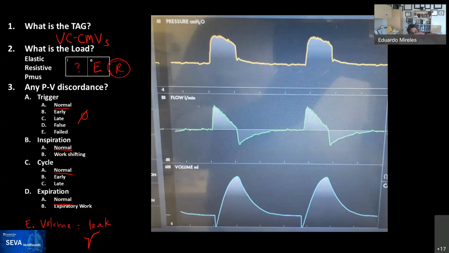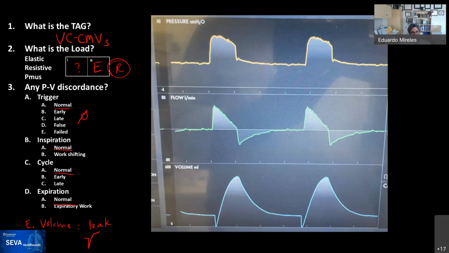But absolutely, this is volume control. What may cause disturbance in trying to read through it is all these irregularities that you can see on the flow waveform and actually on the pressure waveform. It doesn't look smooth and nice as it should, but there's a lot of irregularity.